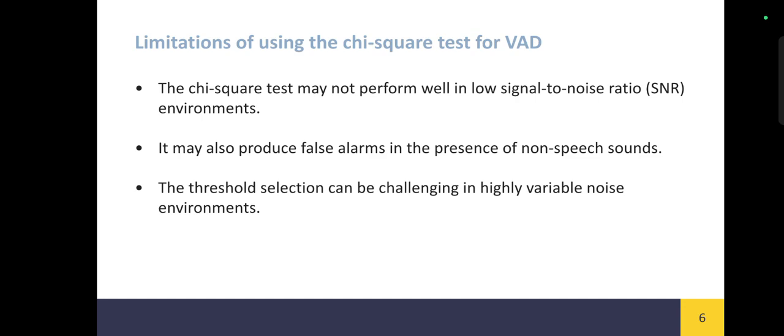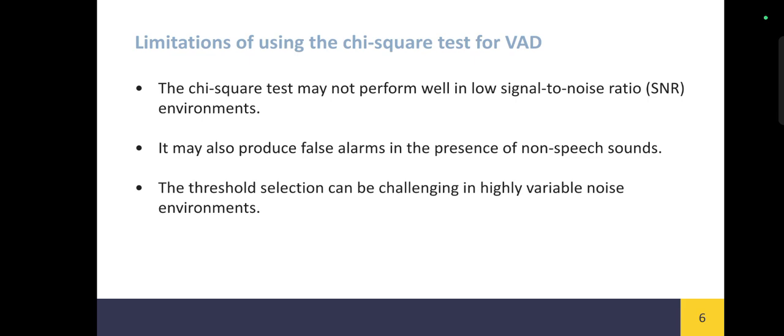It may also produce false alarms in the presence of non-speech sounds. The threshold selection can be challenging in highly variable noise environments.